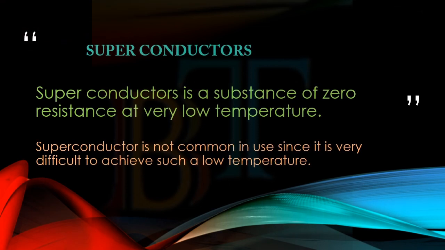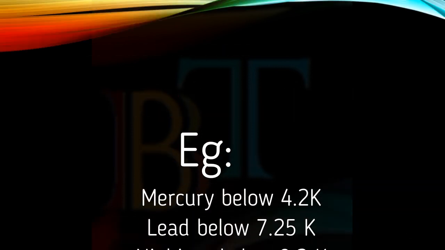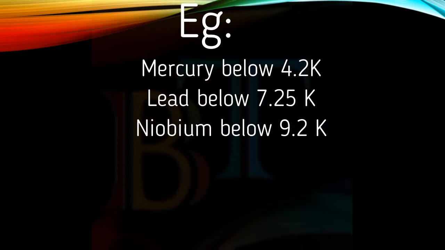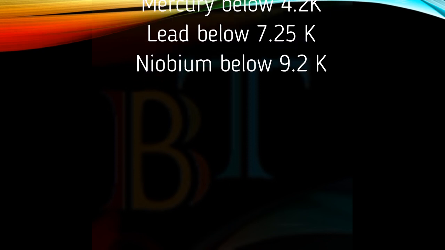Hence, superconductors are substances of zero resistance at a very low temperature. Example, mercury below 4.2 Kelvin, lead below 7.25 Kelvin, and niobium below 9.2 Kelvin are superconductors.